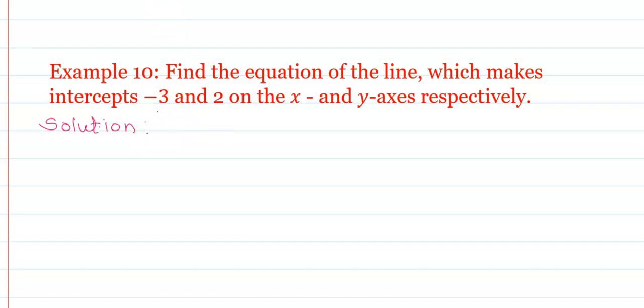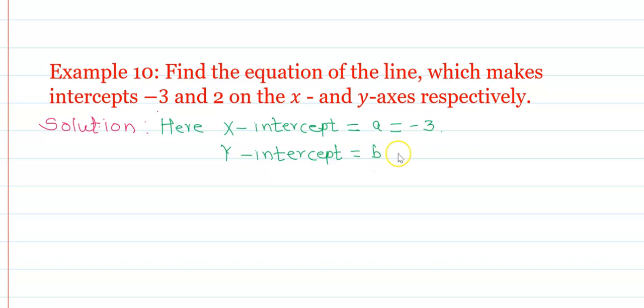Here the x-intercept is a, equal to minus 3, and the y-intercept is b, equal to 2.